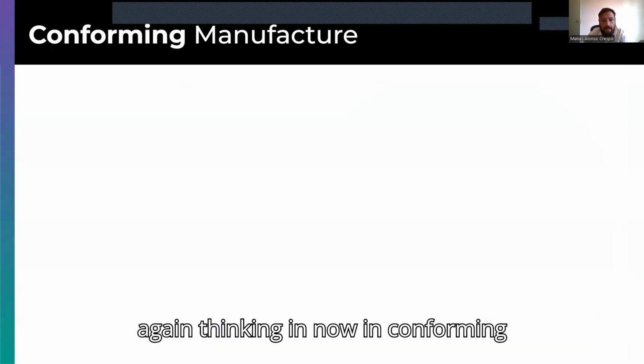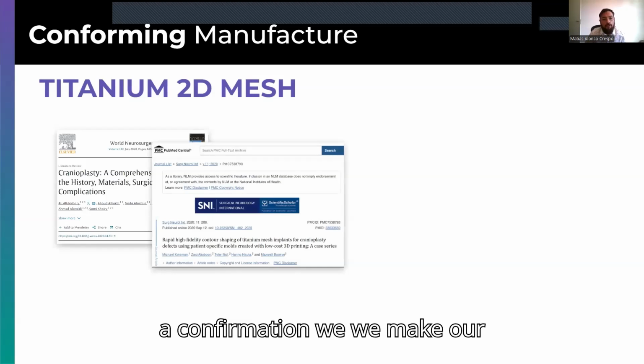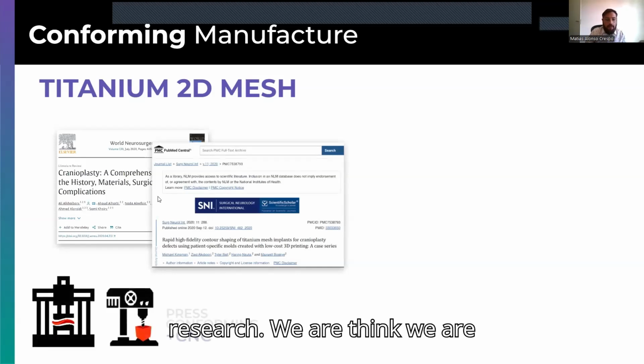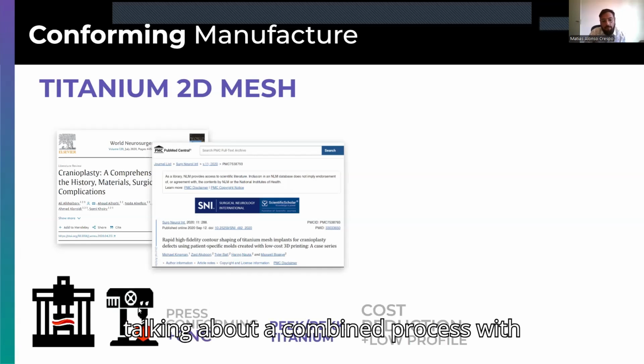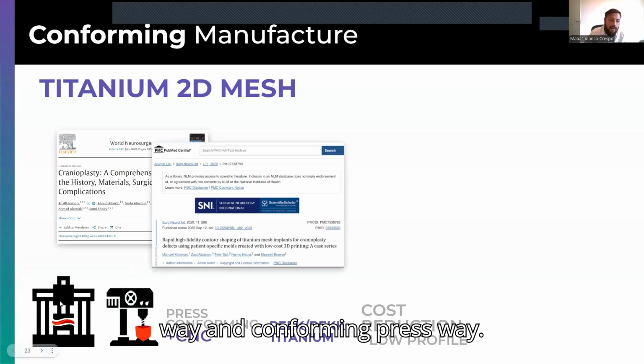So, and again, thinking now in conforming manufacture, we could think of a titanium 2D mesh with a conformation. We make our research. We are talking about a combined process with CNC subtractive way and conforming press way.